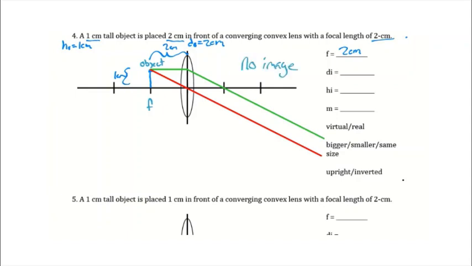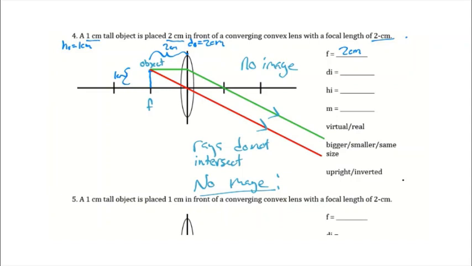That means there's nothing more that we can do in this problem. There is no image. We have parallel lines here. The rays do not intersect. So we have no image.